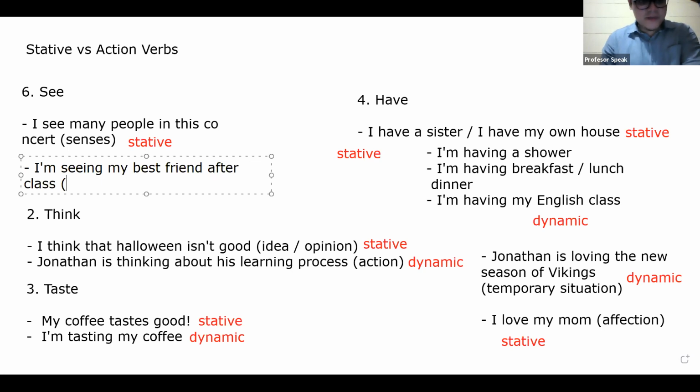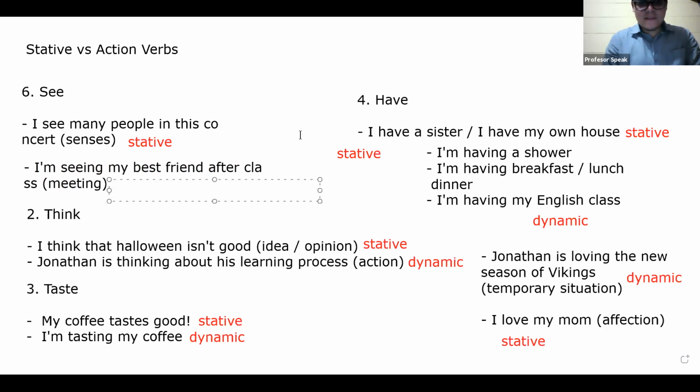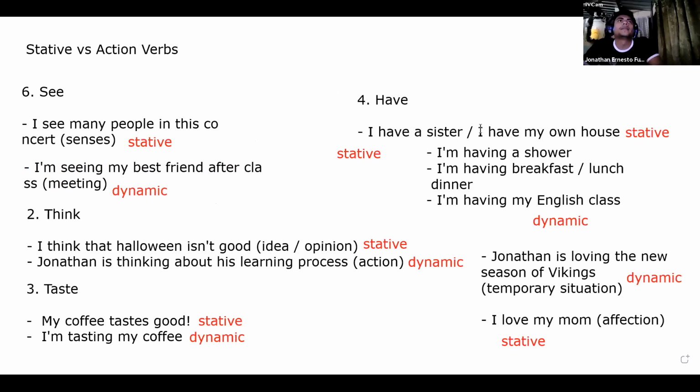So you're talking about meeting. Okay. So in this case, this is a dynamic verb. Okay. So there you have the exceptions to the rules. Just 6. Yeah.